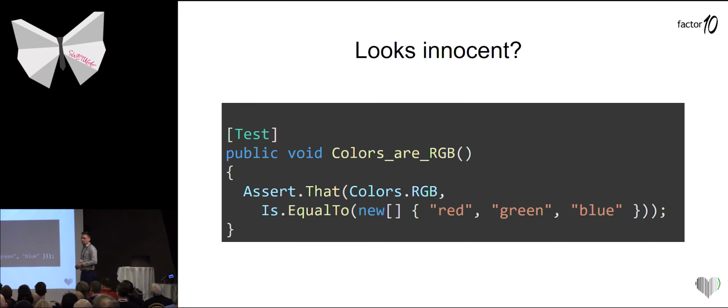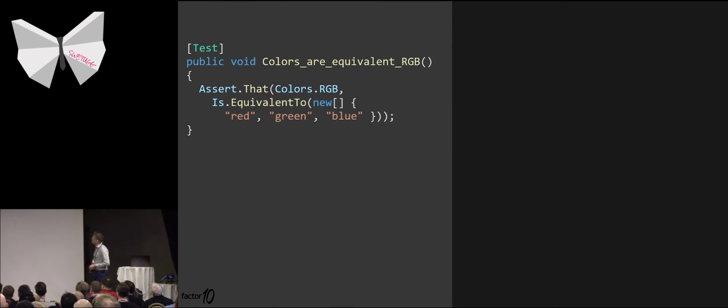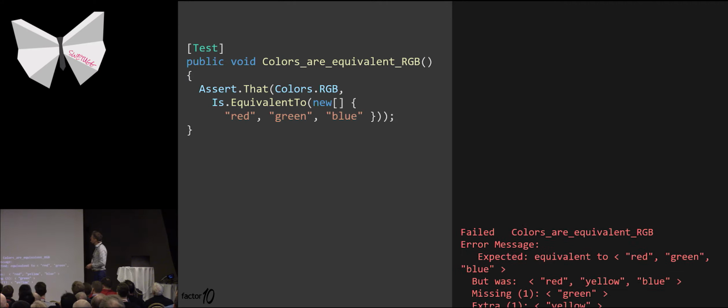And to do that, we have to experiment a bit and see what we can use. For example, one idea is to not use an equal check. Maybe it's important that we do an equal check. Maybe the order is important. Maybe it's not. But let's try the is equivalent to.